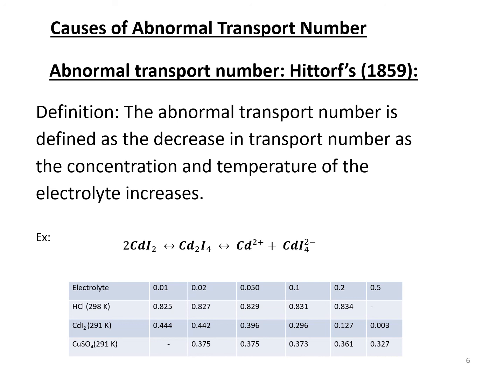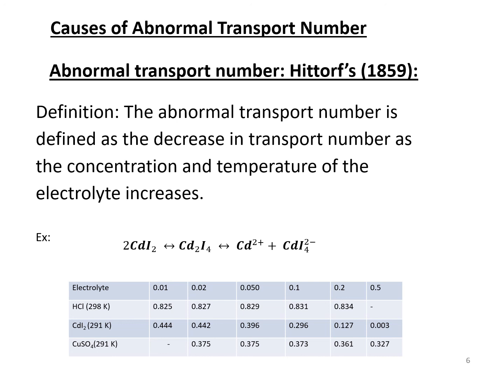You can clearly see in this chart, in the case of HCl, with increase in concentration, that is at 0.01, 0.02, 0.05, 0.1, 0.2, 0.5, you can observe the values. So the transport number increases with increase in concentration.